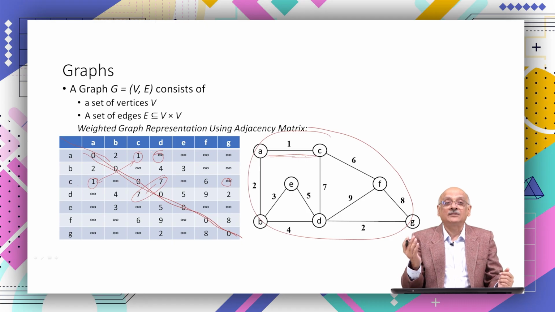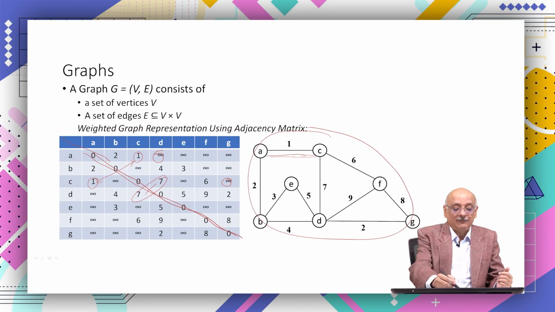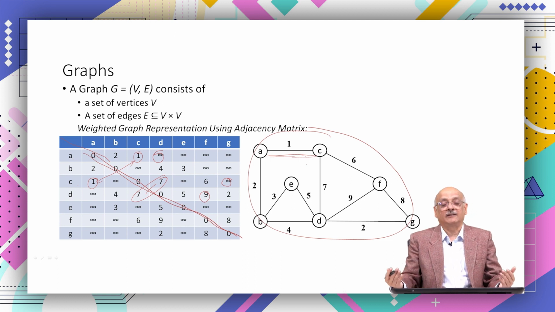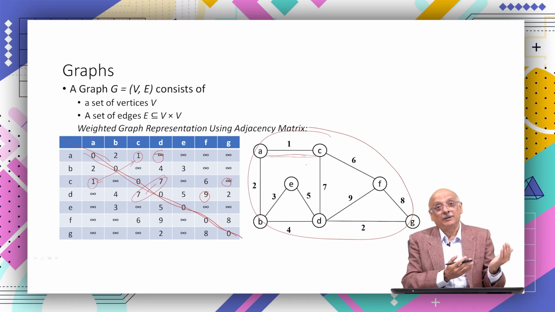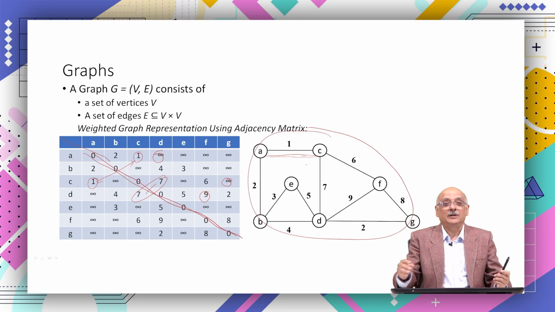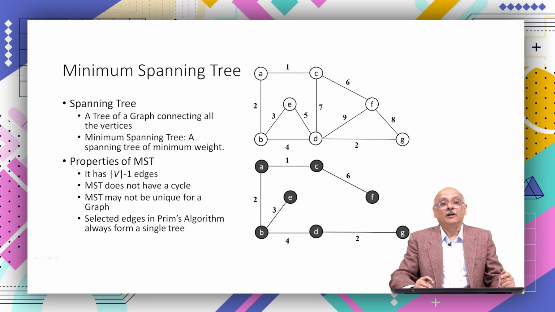Well, it is any large value which you believe is much more than the highest weight which you have in the graph. So, while actually implementing this solution, you might use a very large number as infinite.